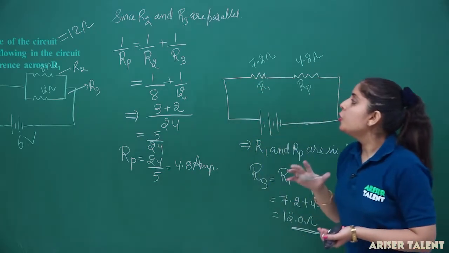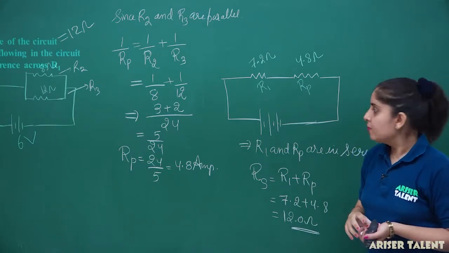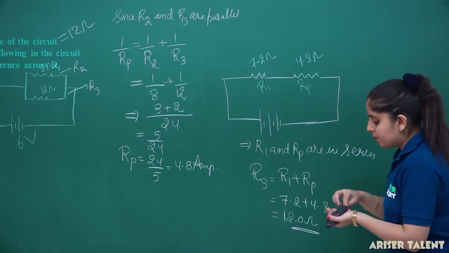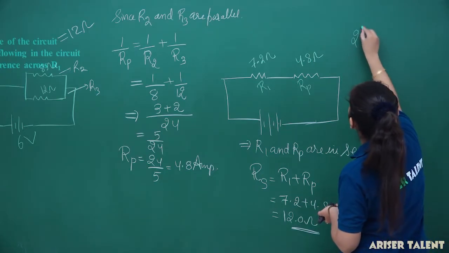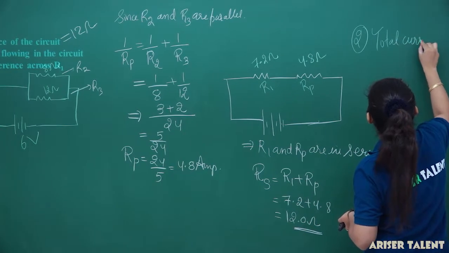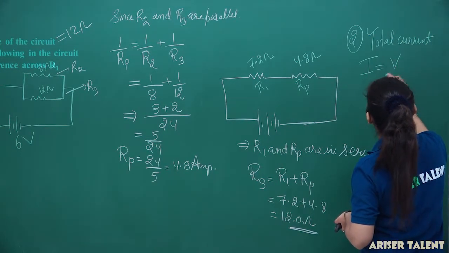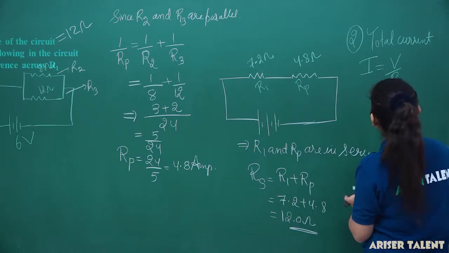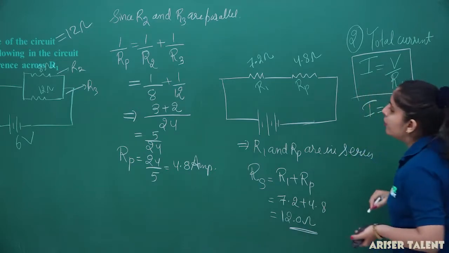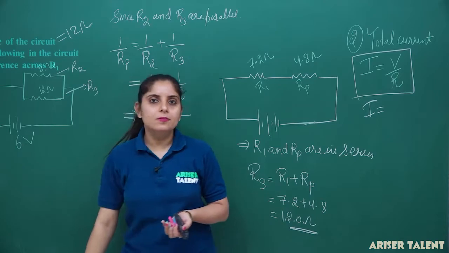Now, you have to calculate the total current flowing in the circuit. Second part is total current flowing in the circuit. Total current I will be equal to V upon R. This is the formula according to Ohm's law. Now, what is the value of voltage here? 6 volt.